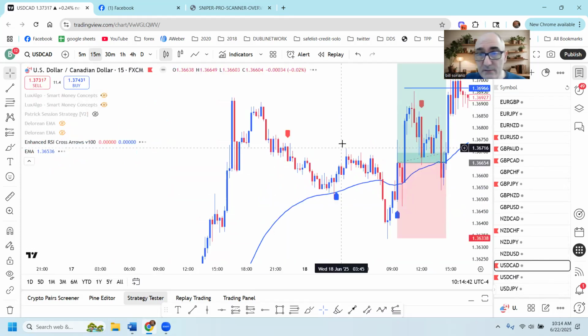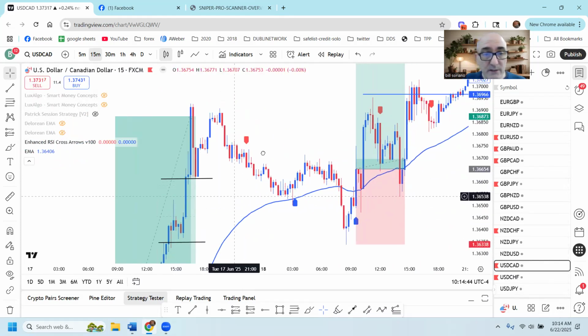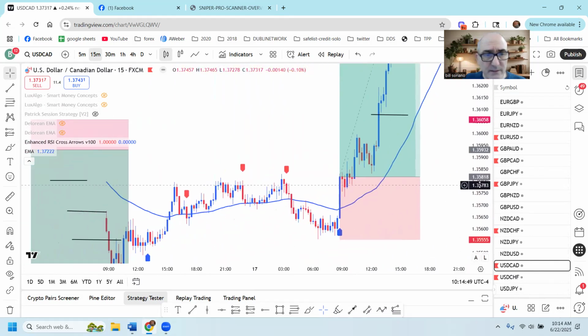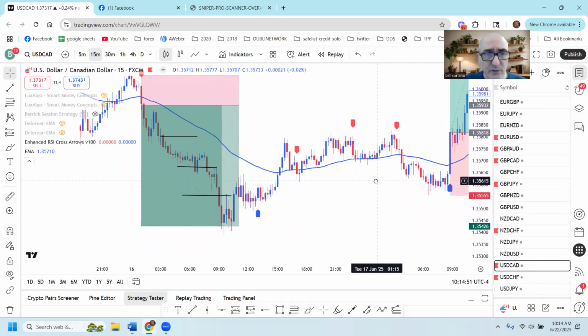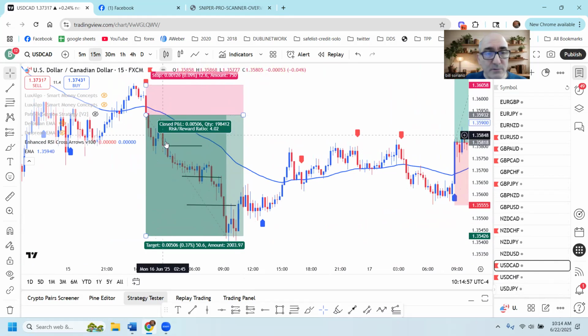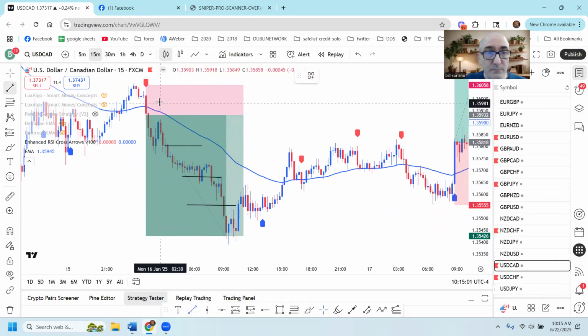USD CAD here. We have a couple here as well. Actually, we have like 3 on here to show you. Okay, so here's +1, +2, +3, +4, right? We get to +1, we reduce our risk in half, so we're going to move our stop loss to about this area right here.